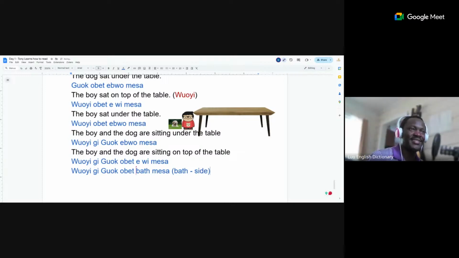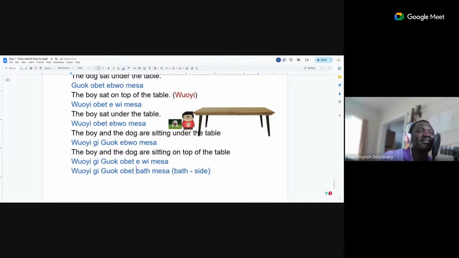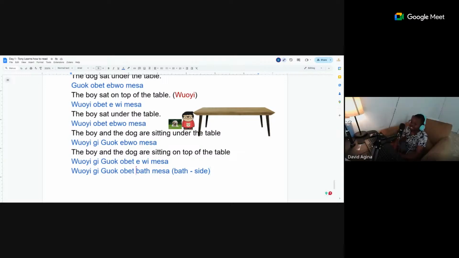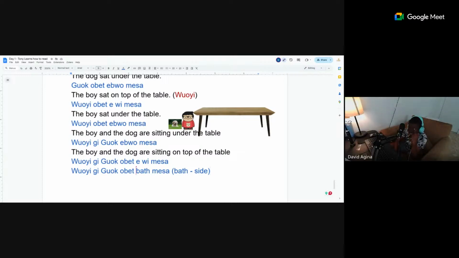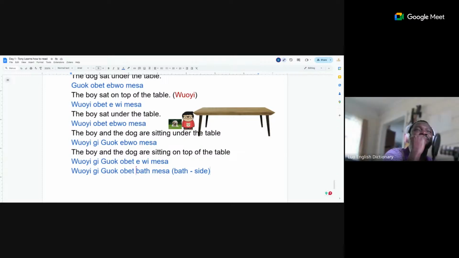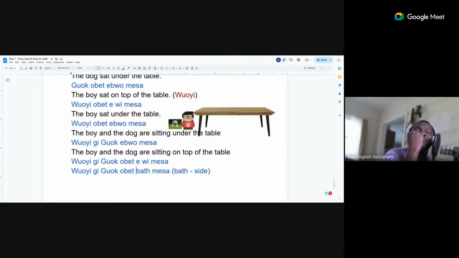Do you remember what top means? Ewi. Wait, no, no, no. Top means... Bottom means... Bottom, a buo.